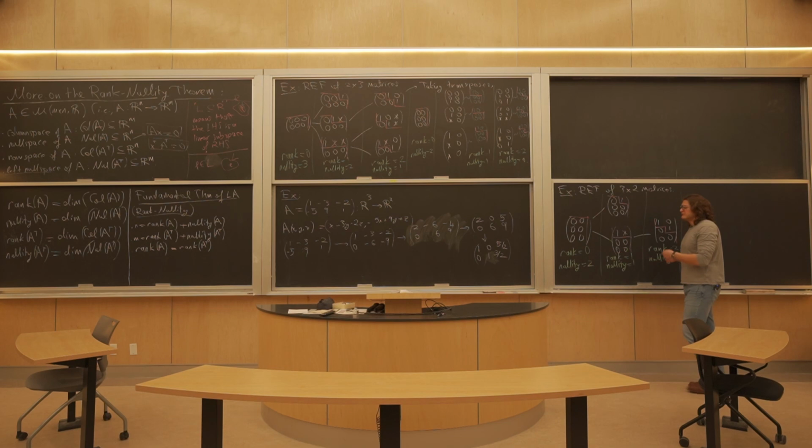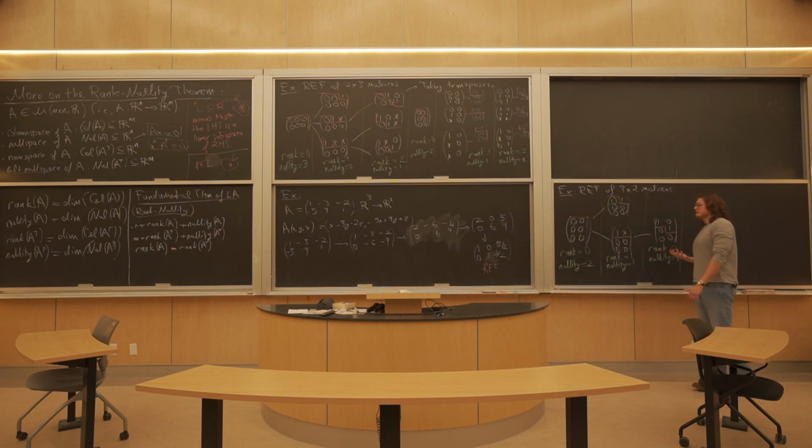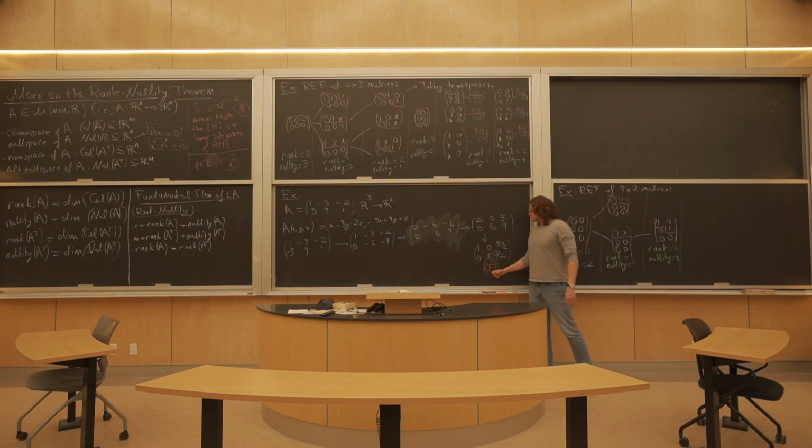So we came up with the reduced echelon form. Recall that this reduced echelon form for any matrix was unique. So this is the unique reduced echelon form. I have 2 pivot columns, which means that the rank is 2.